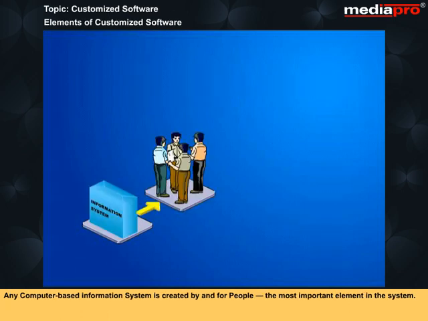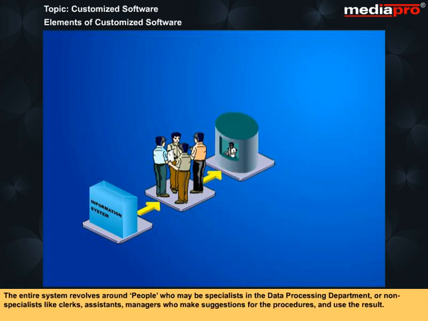Any computer-based information system is created by and for people, the most important element in the system. The entire system revolves around people who may be specialists in the data processing department or non-specialists like clerks, assistants, managers who make suggestions for the procedures and use the results.